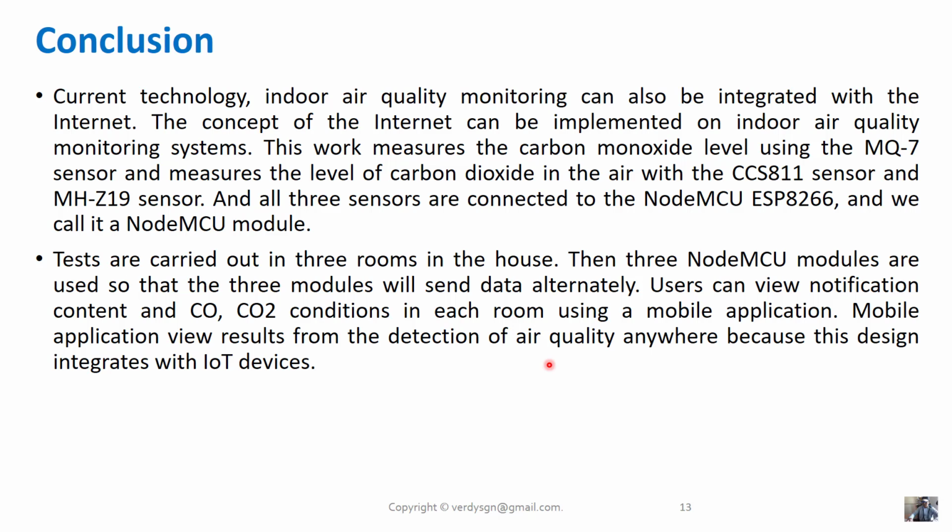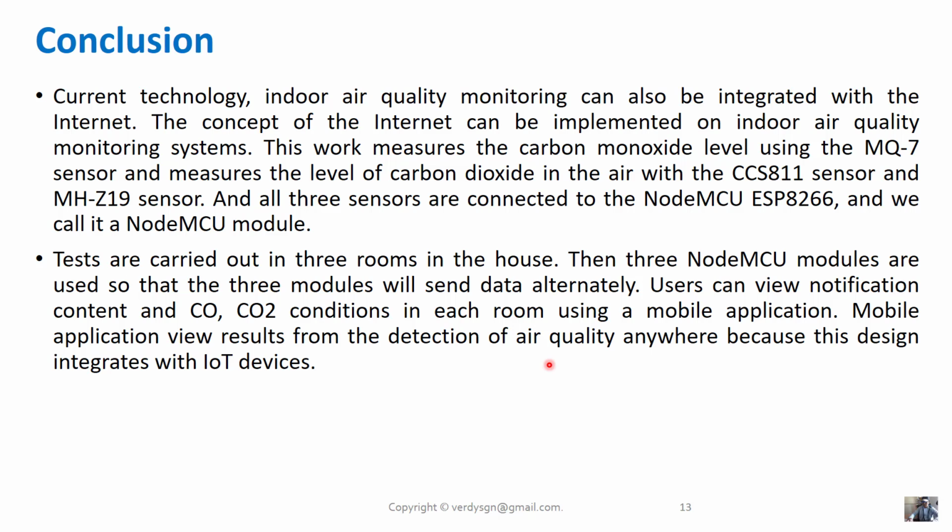This work measures the carbon monoxide level using the MQ7 sensor and measures the level of carbon dioxide in the air with the CCS811 sensor and MQ135. And all the sensors are connected to the NodeMCU ESP8266, and we call it the NodeMCU module.